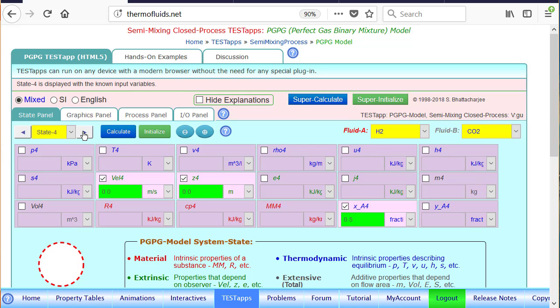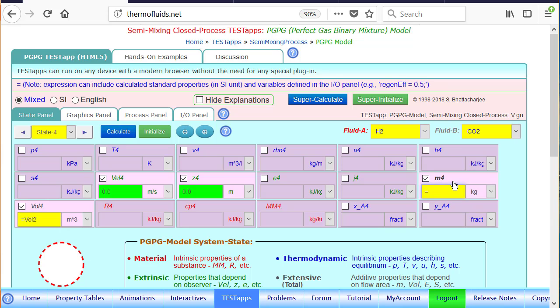For state 4, we don't know much. First of all, let's put in the obvious things. Volume must equal volume at state 2, and mass must equal M1 plus M2, the total mass to begin with, minus the M3 we have already evaluated.